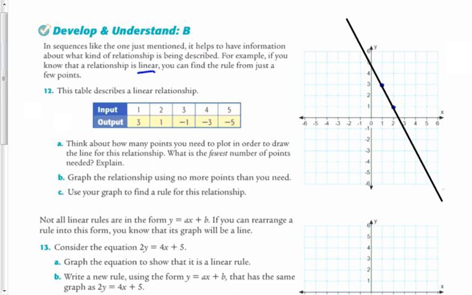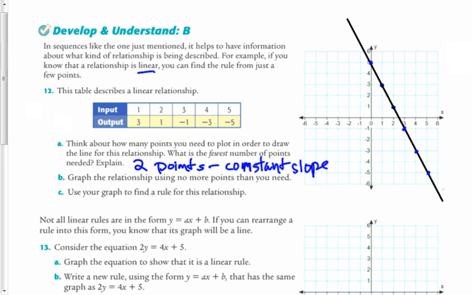And you'll notice that the other points land right on that line because it's a straight line. All right, so there's my line. So fewest is 2 points. And that's because 2 points determine a line, and lines have constant slope. We know there's a constant slope on the linear equation.